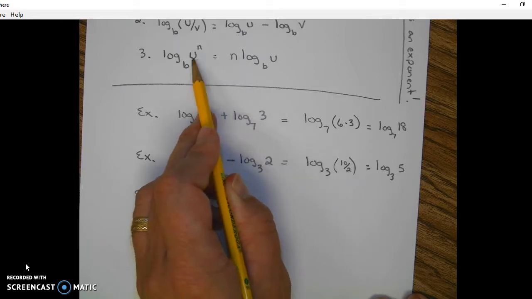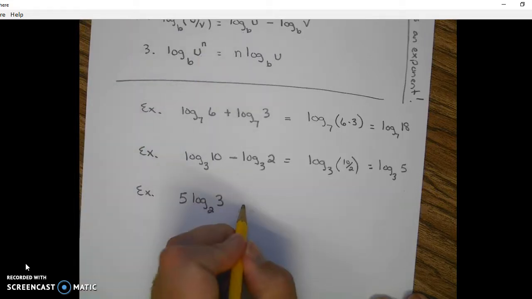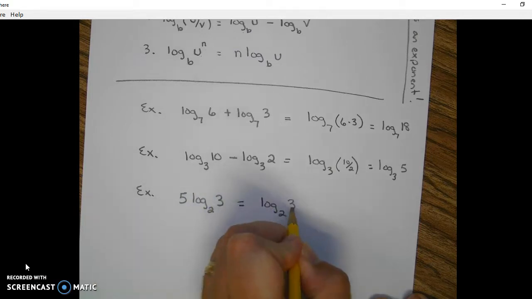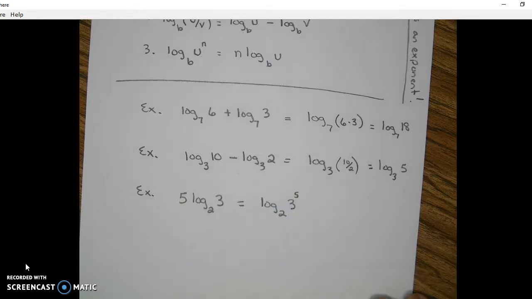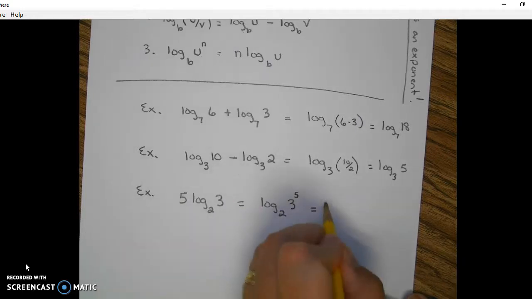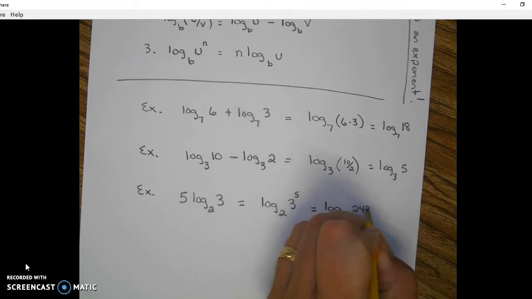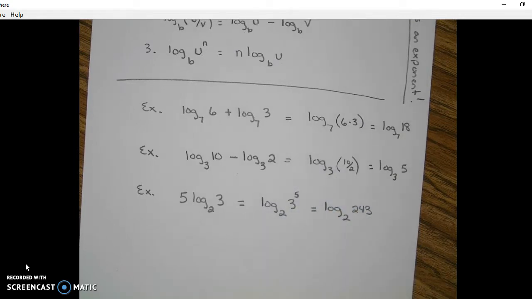It goes up on top of the argument as an exponent. So rewriting this one, we would have log base 2 of 3 to the 5th power. Let me get my handy dandy calculator going here. We have 3 raised to the 5th power, 243. And that's how we apply these properties.